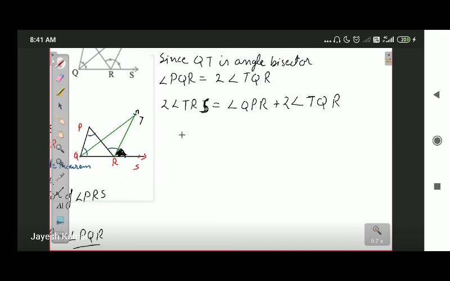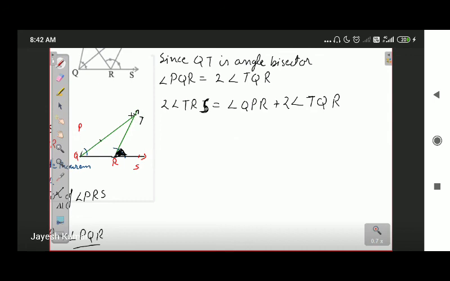Let us see the second triangle. This is the second triangle. For the second triangle, angle TRS is the exterior angle.